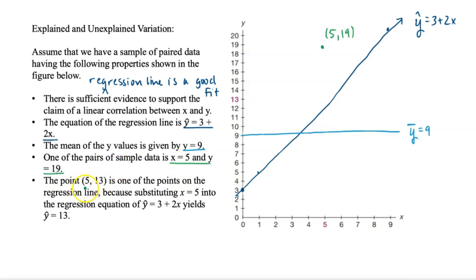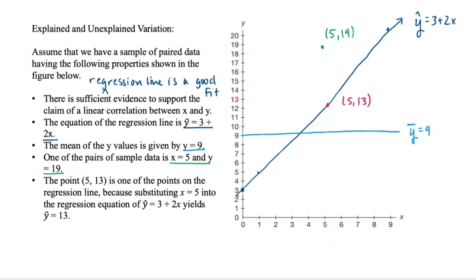Then I'm given that the point (5, 13) is one of the points on the regression line, and I can just get this from the equation. If I plug 5 into this x, I get y equals 3 plus 10, which is 13. So I've got this point on the regression line, which should be (5, 13). Okay, I've successfully mapped out my situation.